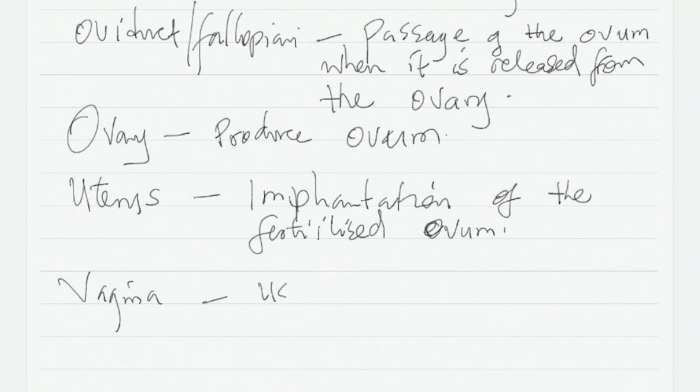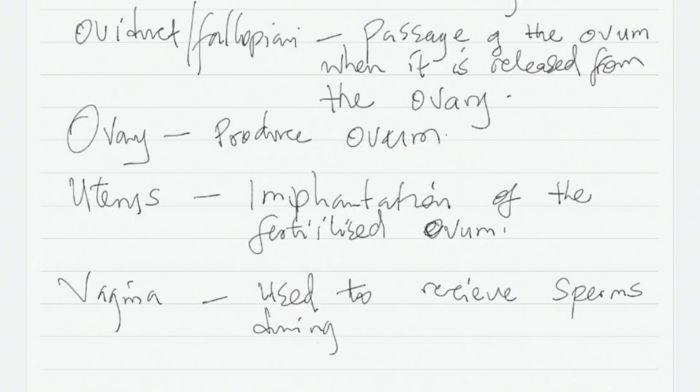The vagina is used to receive sperms during sexual intercourse.